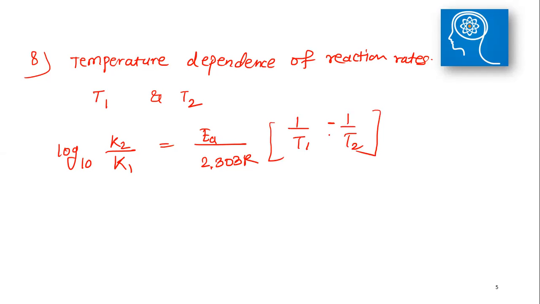Okay, this is the formula. What are k1 and k2? k1 and k2 are rate constants at temperatures T1 and T2 respectively. Here just remember that k2 is in the numerator and k1 in the denominator.